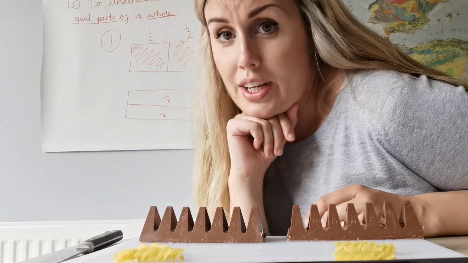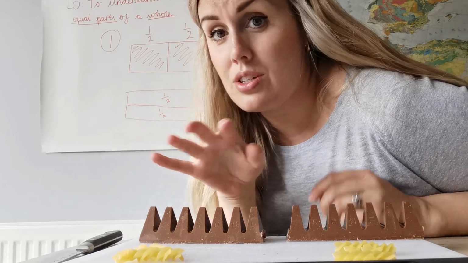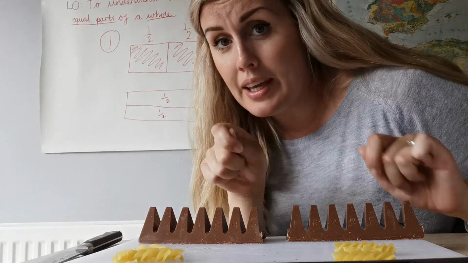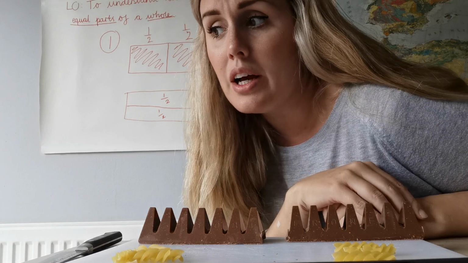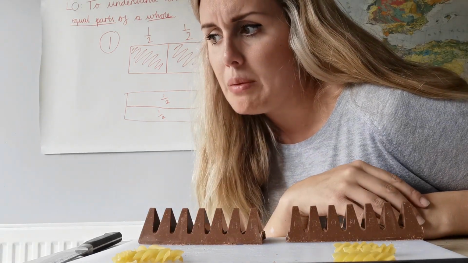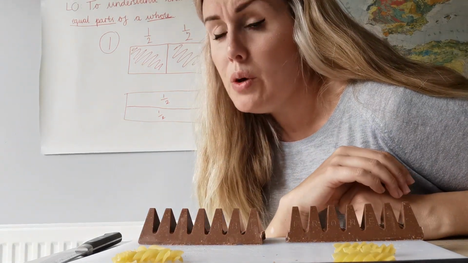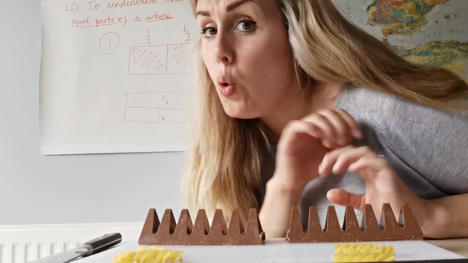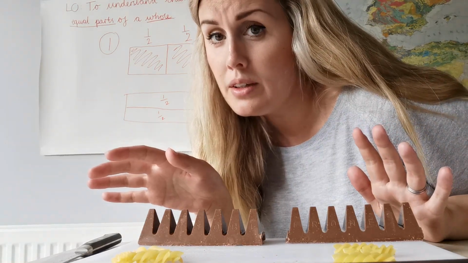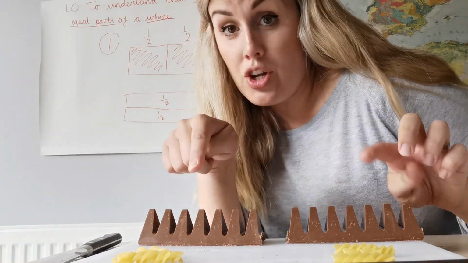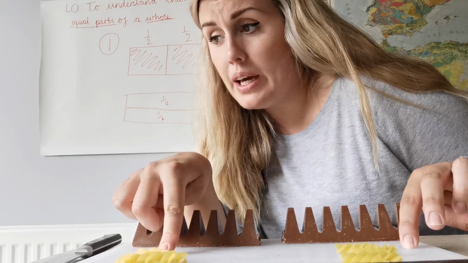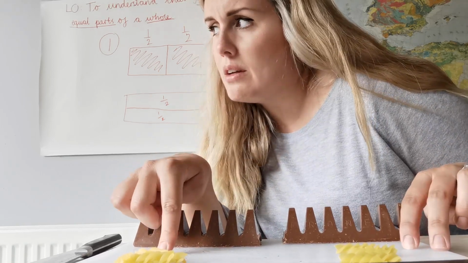Okay, now, there's a little extra challenge. If you would like to be challenged, I would like you to get some pasta shells or something that you can count out. And I would like you to have a little think about if it works with all numbers, okay? I know it works with 10, so that ends in a 0.